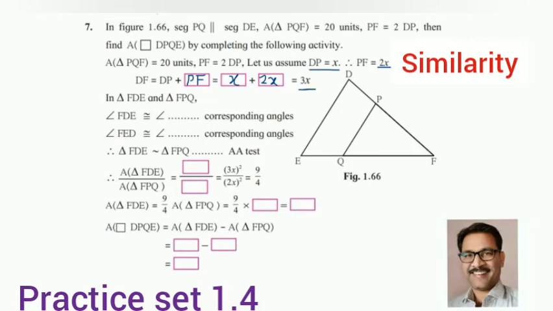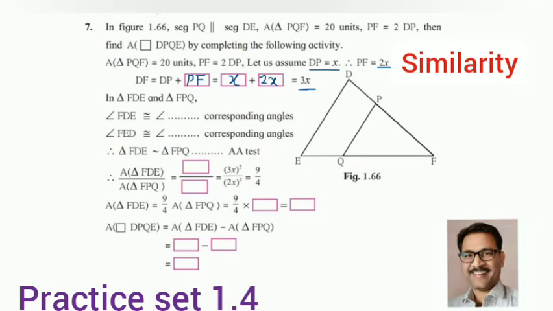Now, in triangle FDE, which is the bigger one, and triangle FPQ, the smaller one, in these two triangles, see, first they're given to us that these two lines are parallel to each other. Therefore, straightway we can write this angle is equal to this angle because of corresponding angles.